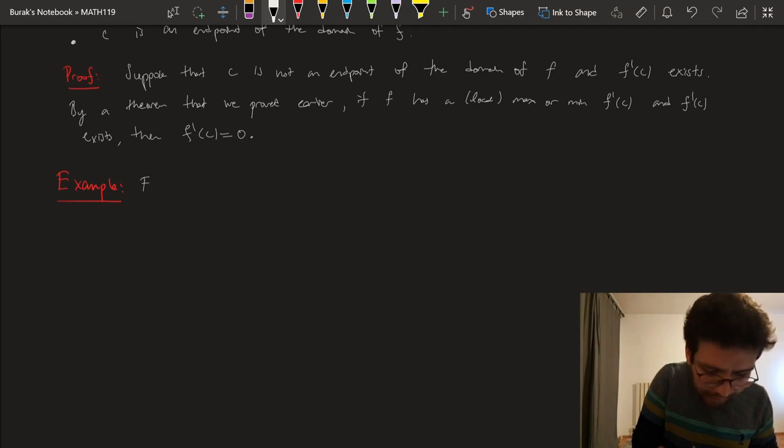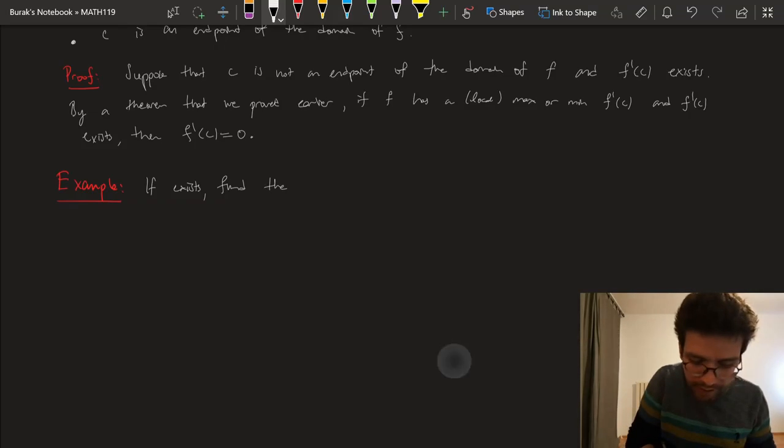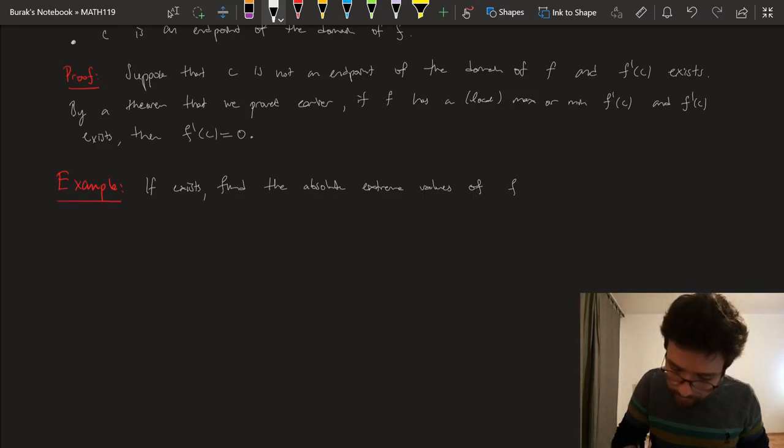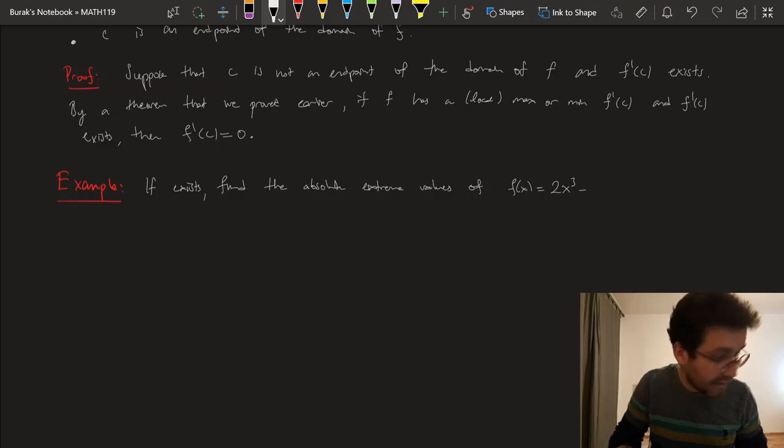Find, if exists, the absolute extreme values of the function f of x equals 2x cubed minus 3x squared minus 12x plus 1, on the interval minus 2 to 4.